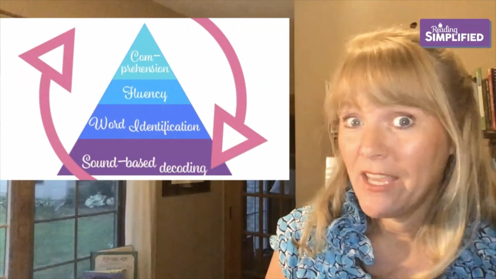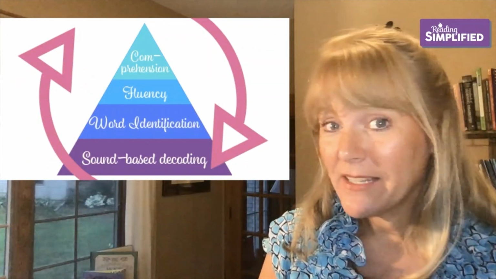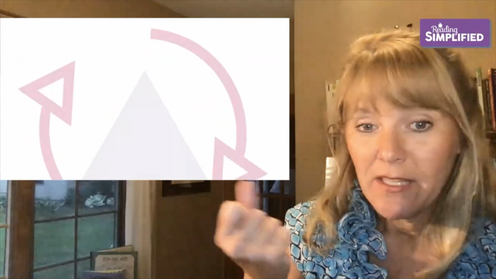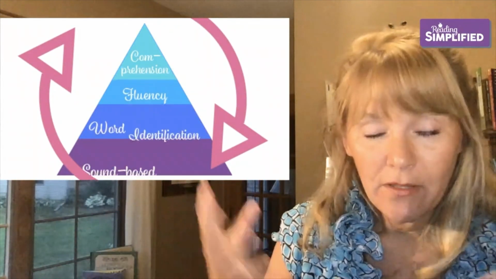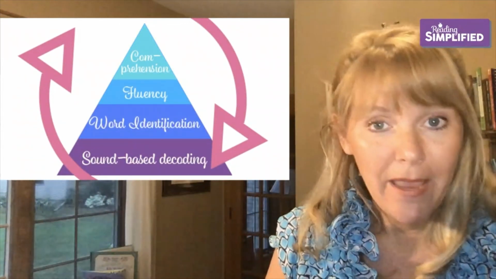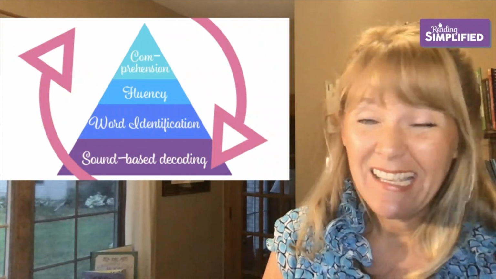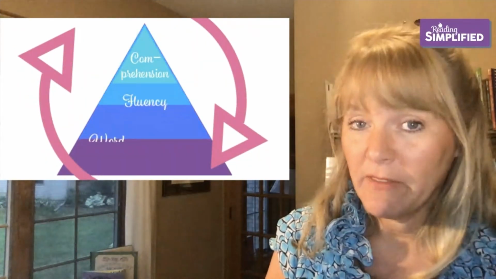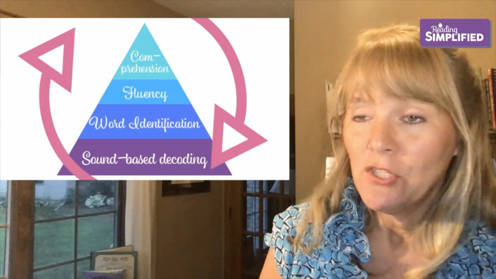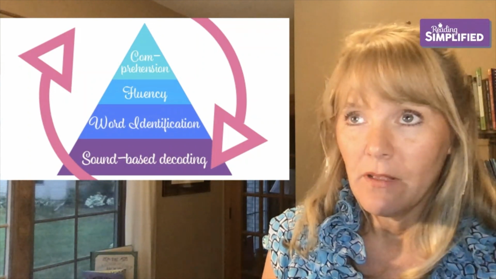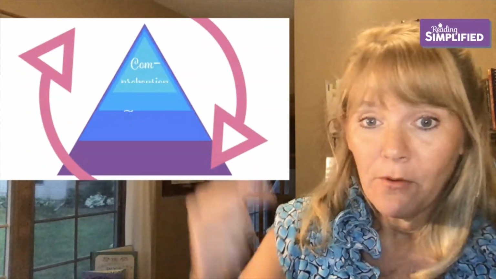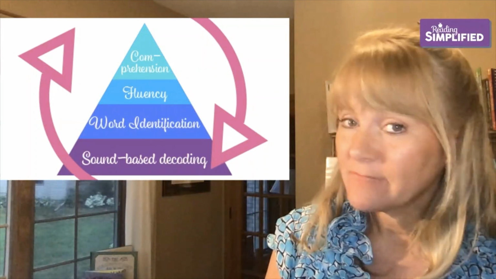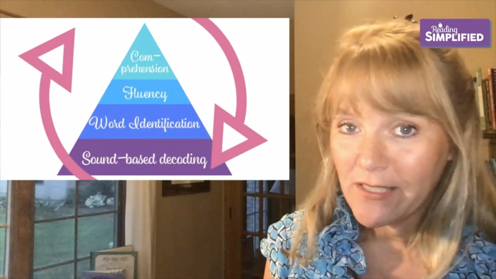They have poor word identification. And even if they recognize a lot of words, but they can't read them automatically, and they don't put the words together in a fluent manner with good intonation and phrasing, they're probably weak in fluency, and it'll affect their comprehension.